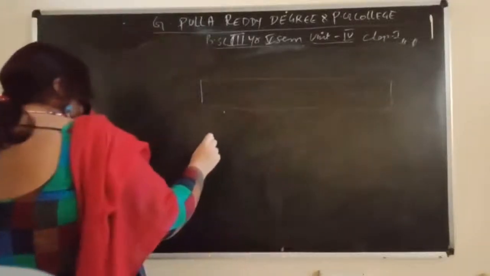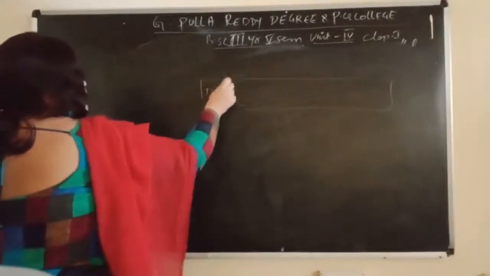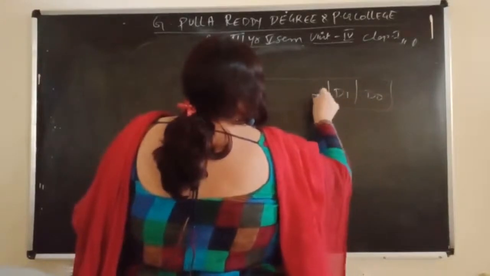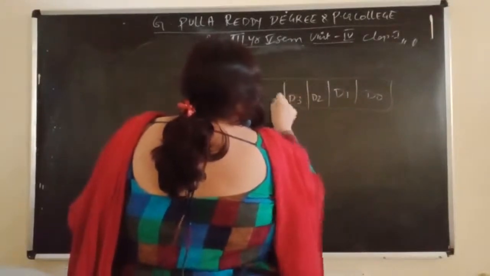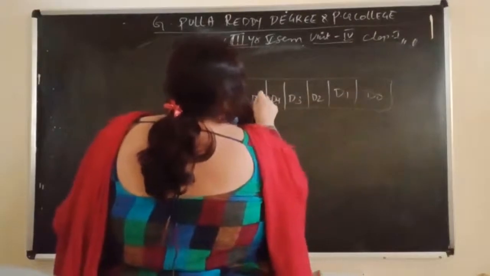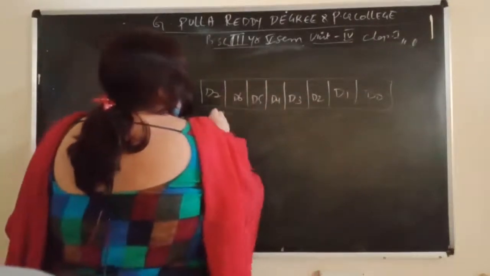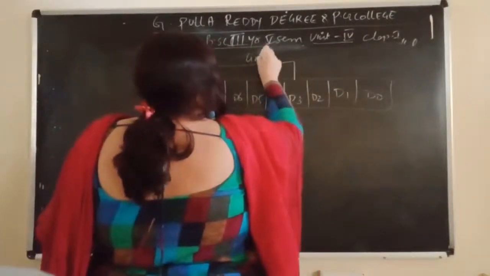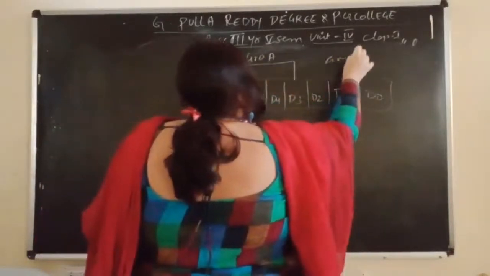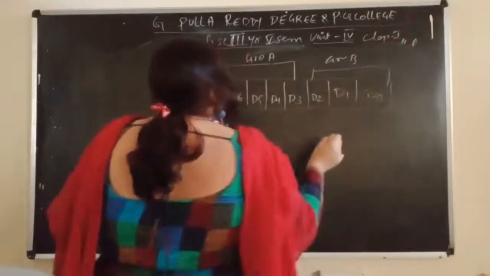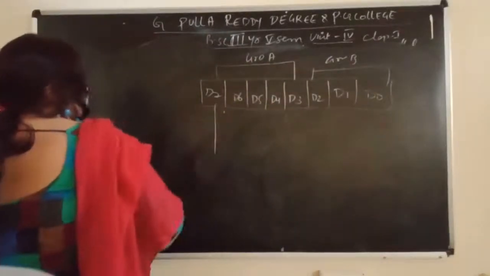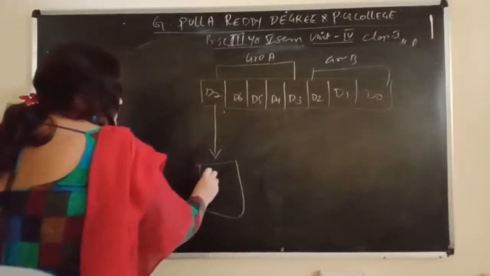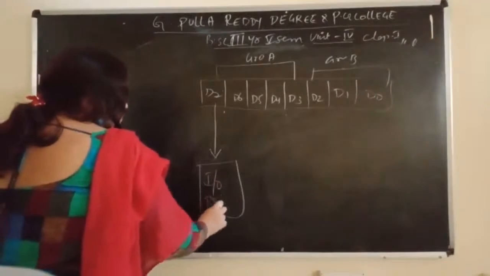Now the control register is 8 bits, D7 to D0. It is divided into two different groups, group A and group B. The first bit of the control register is used to select between two operations, IO or BSR.